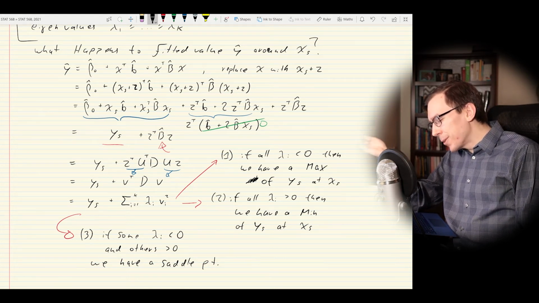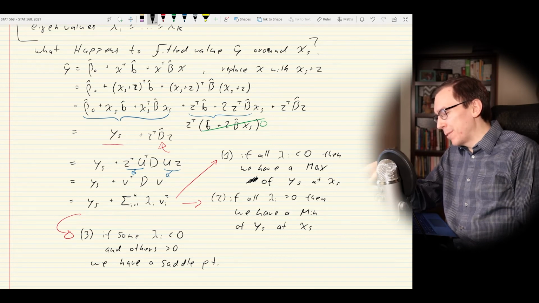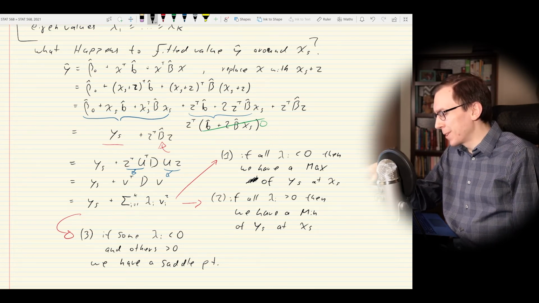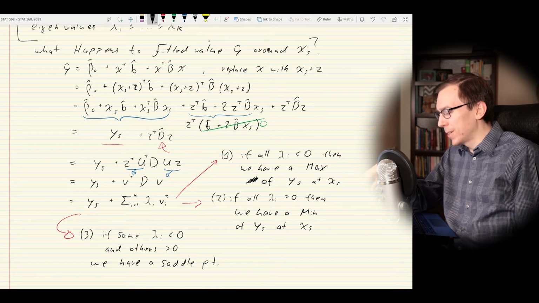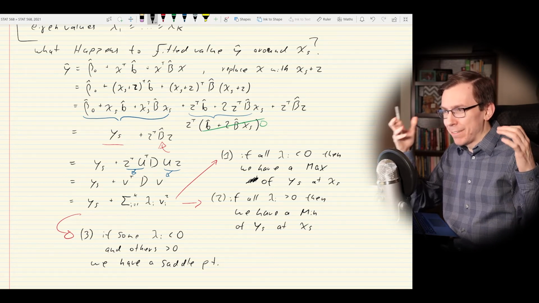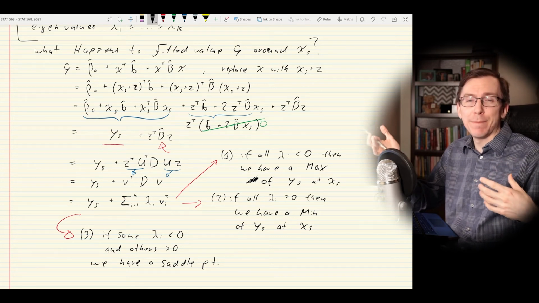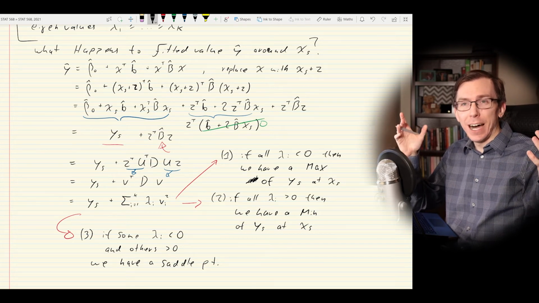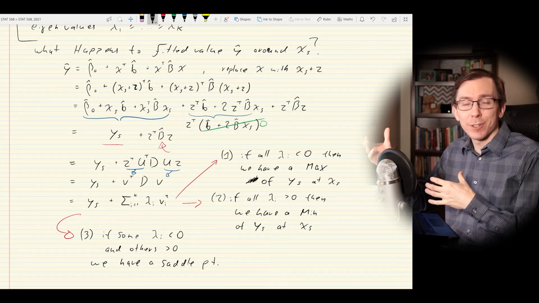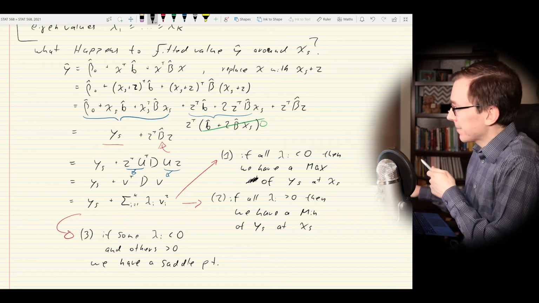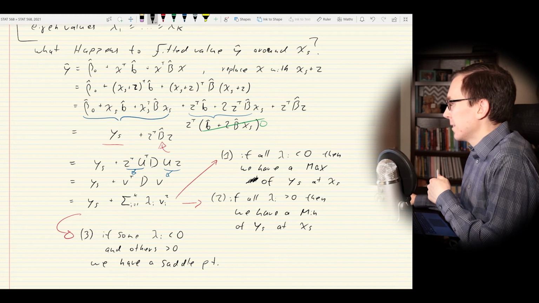So ideally, we don't get a saddle point. Ideally, if we're trying to maximize a process, hopefully all our eigenvalues are negative. If we're trying to minimize it, hopefully all our eigenvalues are positive. If the opposites occur, or if we have a saddle point, we're going to have to find better inputs to optimize the process that we're trying to optimize. All right.